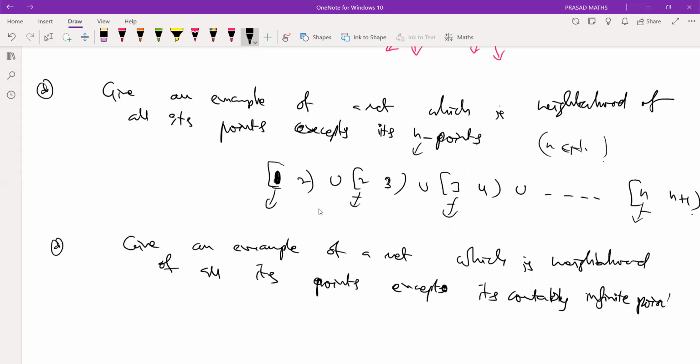Give me a set. Good, Naresh Kumar. Very good. Countably infinite points. Don't stop. I need to have countably infinite points. I'm not saying countable set.